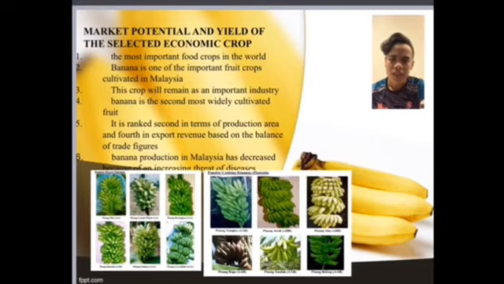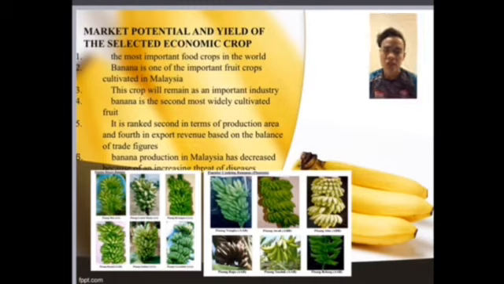In Malaysia, banana is the second most widely cultivated fruit, covering about 26,000 hectares with a total production of 530,000 metric tons. About 50% of the banana growing land is cultivated with pisang berangan and the Cavendish types.